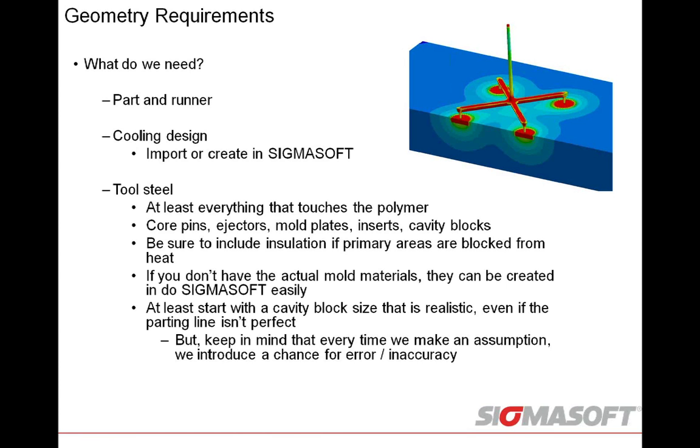So we want to capture as much of our geometry as we can, and also your material properties. So we want to make sure that we have exact characterization of that material, and not just generic material. So I know there's other simulation packages out there that have large databases of material, but a lot of that material is generic data, supplemental data, single-point mechanical data, and that's why you don't see the accuracy in simulation that you desire. SIGMASOFT gives you that.